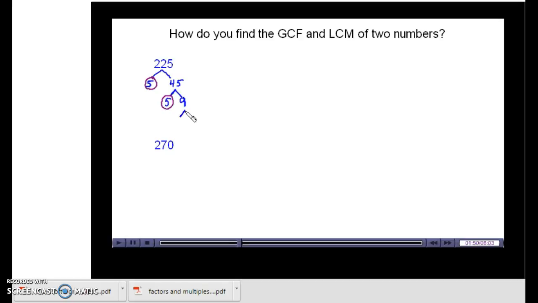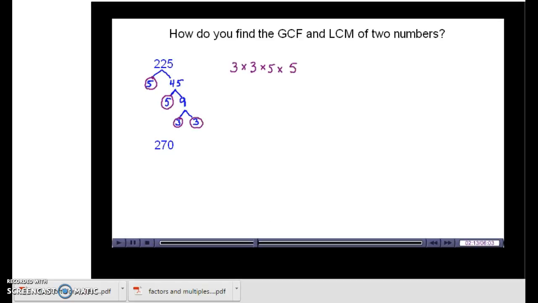We can break 9 down to 3 times 3. And 3 is a prime number. So the number 225, written as a product of prime numbers, is 3 times 3 times 5 times 5.